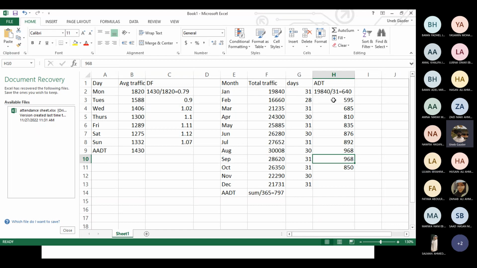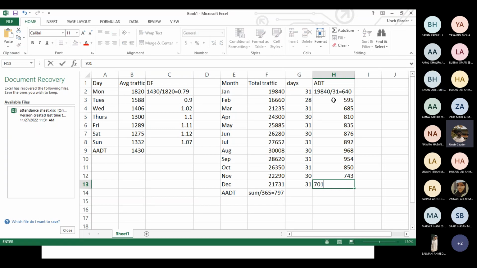Now what is September? 701. Okay, December is how much?